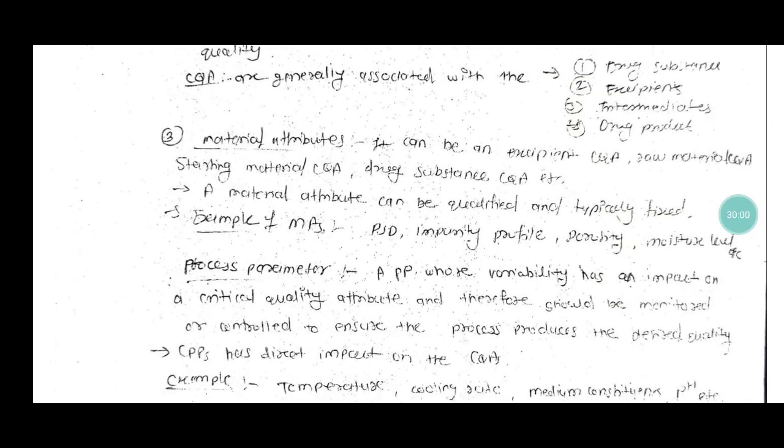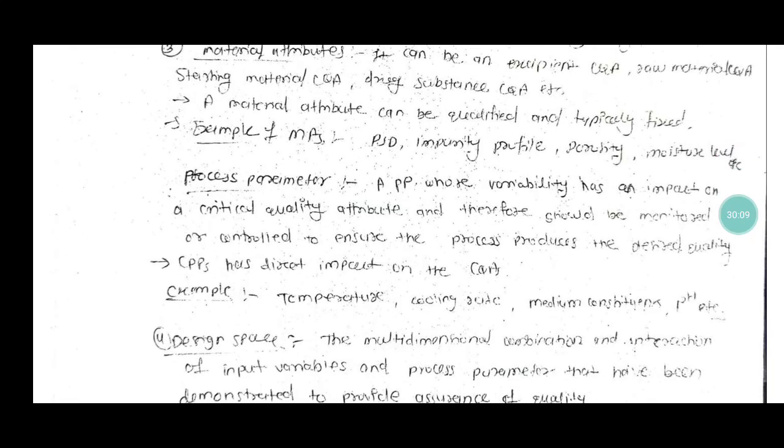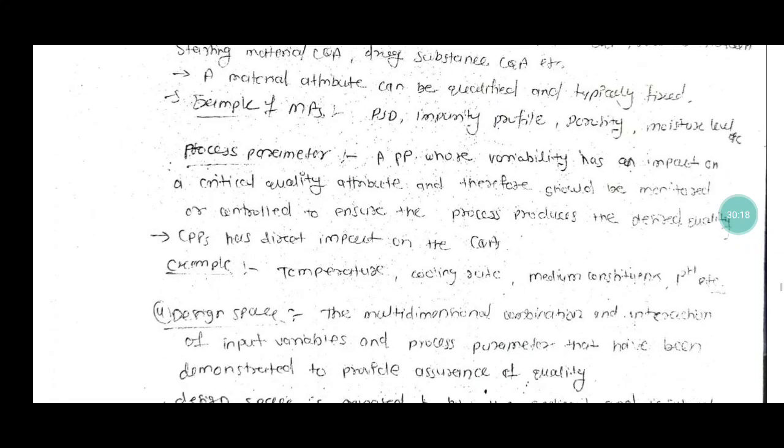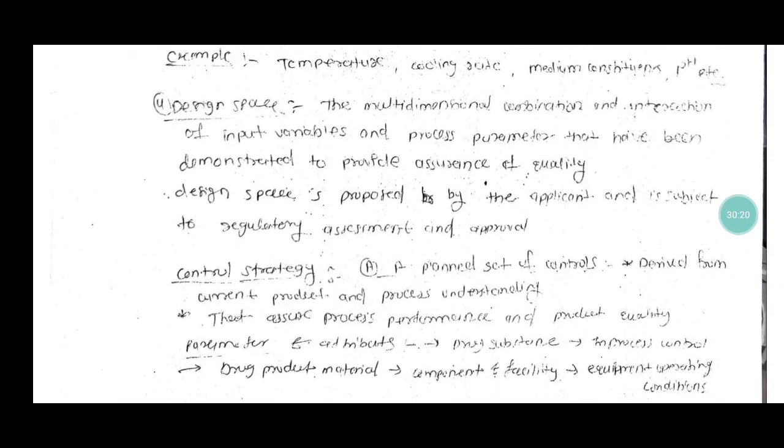Material attributes, it can be on excipient CMA, raw material, starting material CQA, and drug substance CQA, etc. And a material attribute can be quantified and typically fixed, where the design space is the multidimensional combination and interaction of the input variables and process parameters that have been demonstrated to provide an assurance of the quality.